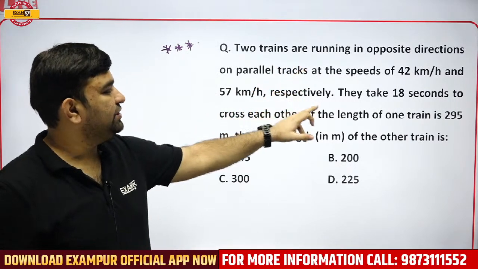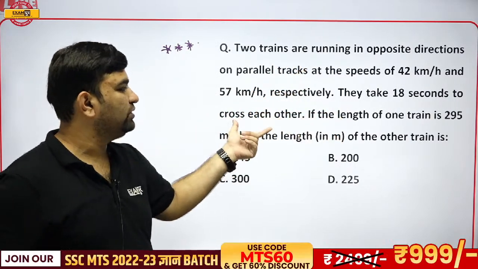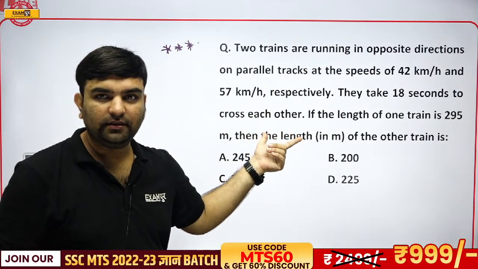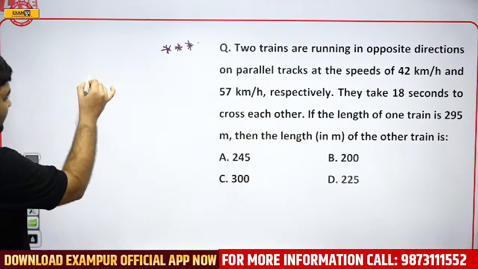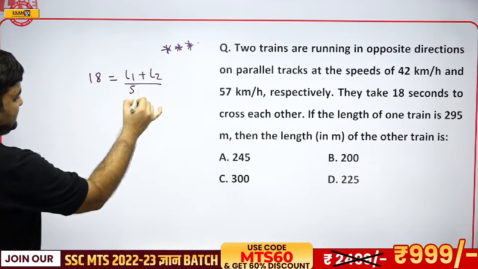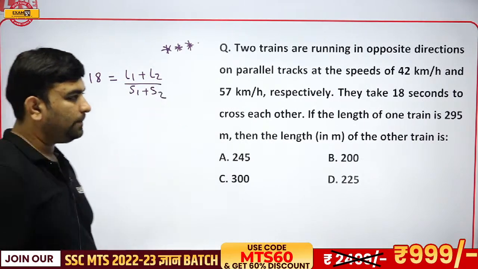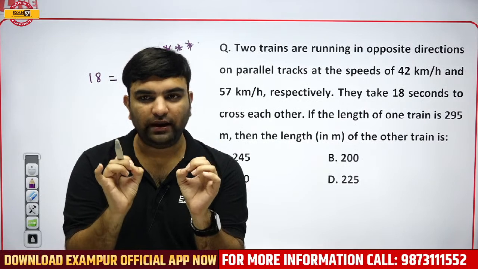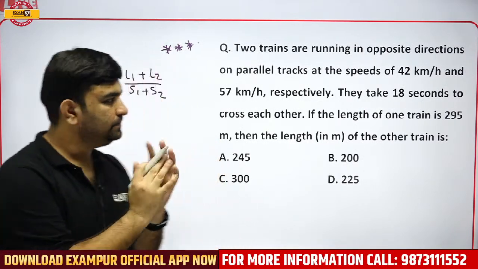Two trains in the opposite direction take 18 seconds to cross each other. So 18 is equal to (L1 + L2) / (S1 + S2).